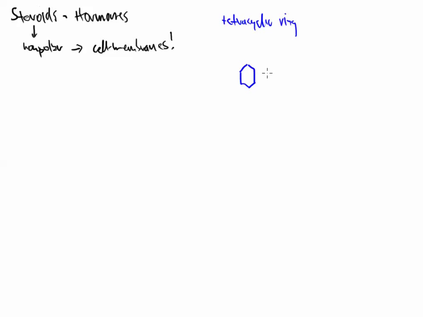We start with a cyclohexane here, and then right beside it is another cyclohexane, and then up here at the top is another cyclohexane, and then over here to the side is going to be a cyclopentane ring. So this is the tetracyclic ring that makes a steroid.